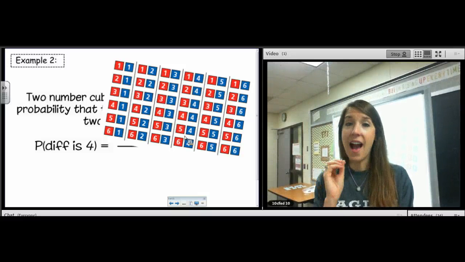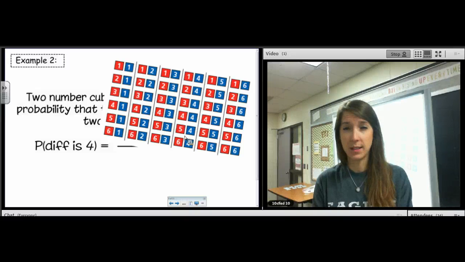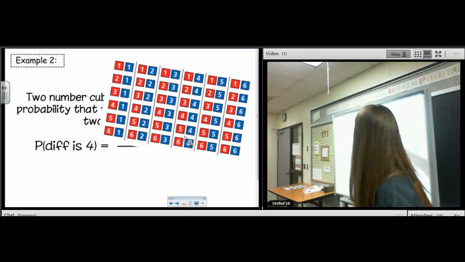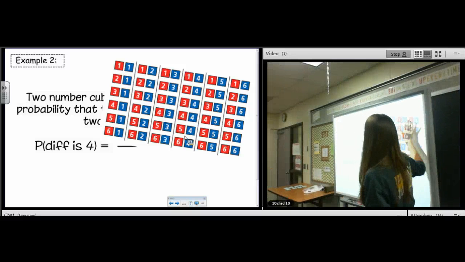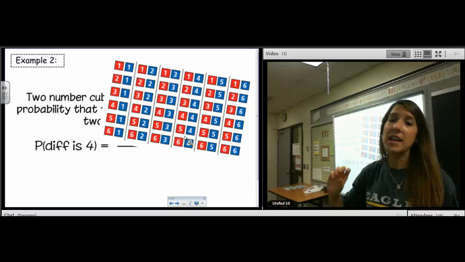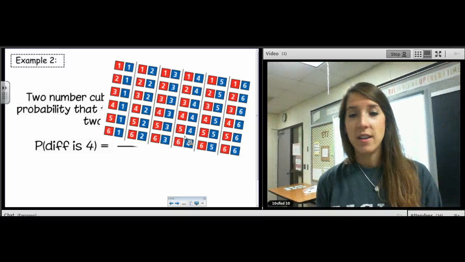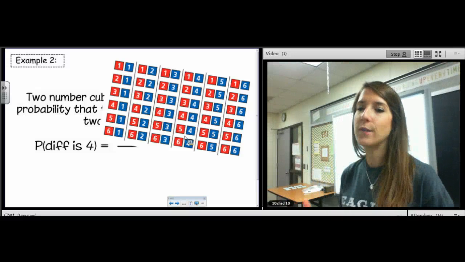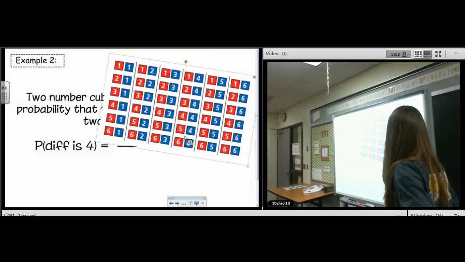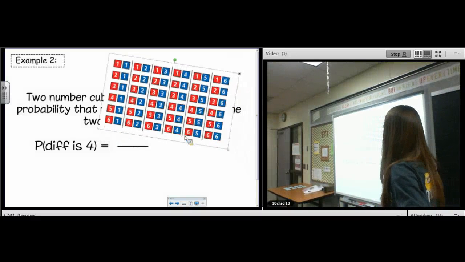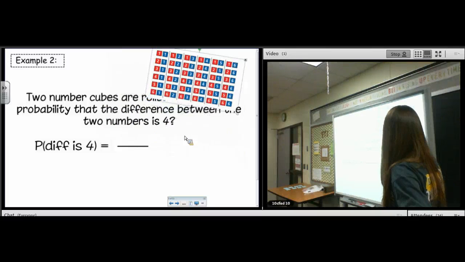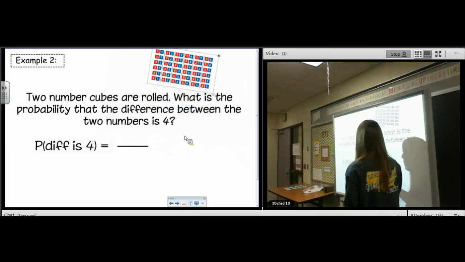So how many items are there in our sample space? This is a 6 by 6 grid. So there are 36 different combinations or different ways that we could roll 2 dice. 36 is our denominator.